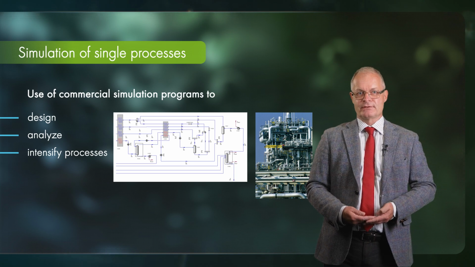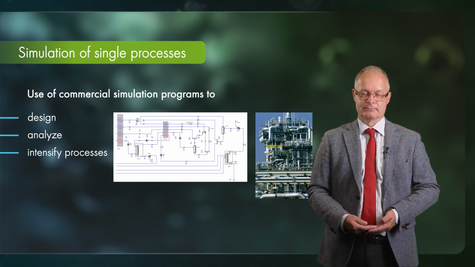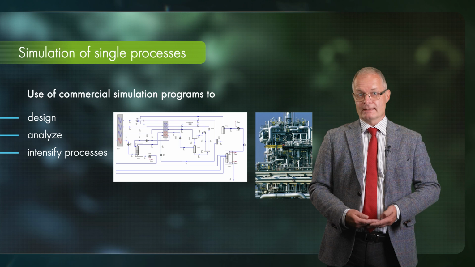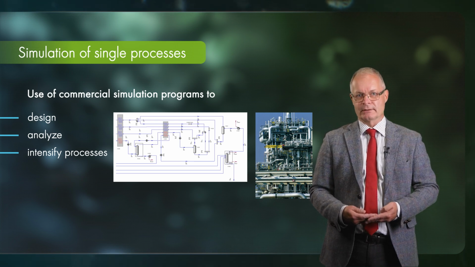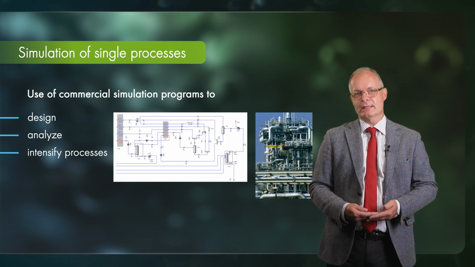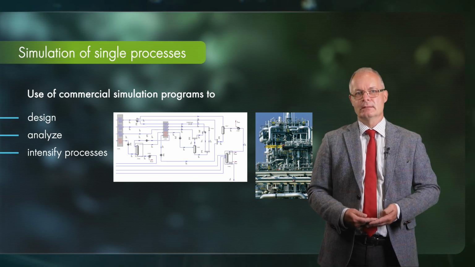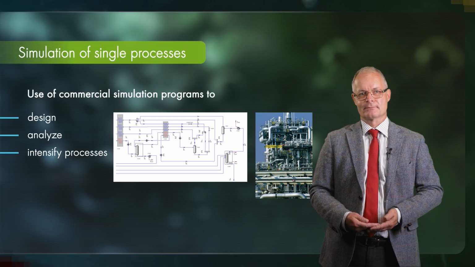However, the optimization of a single process is only a first step. Instead, it is necessary to carry out a holistic simulation of the process in a broader context in order to quantify its impact on resource requirements and CO2 emissions.